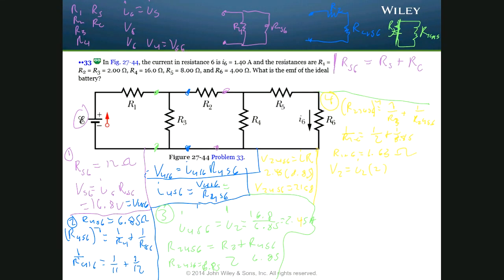We get the voltage for R4, 5, 6. We need the voltage for R2 as well, because those will be different. And that's going to be equal to 3.26. All right, thank you. 3.26 volts.